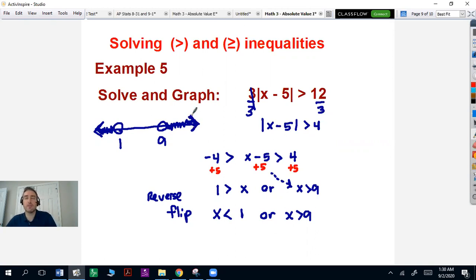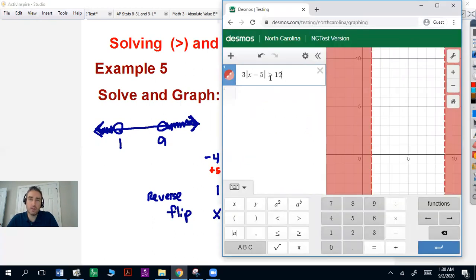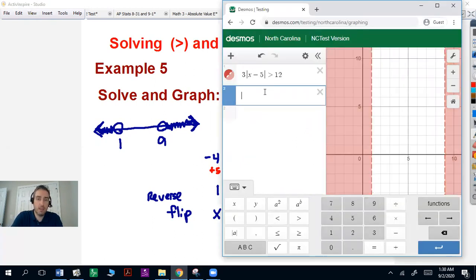I want you to think about, like, if you plug in numbers, right? If I said 3 absolute value and I took a number greater than 1, so let's say I did 3 minus 5, that's going to give me 6. That's not greater than 12. But if I plugged in 1, that's going to give me 12.